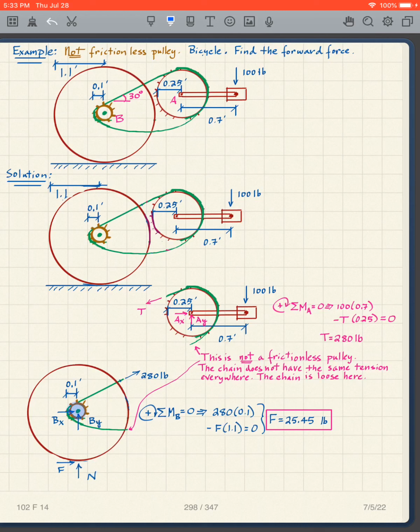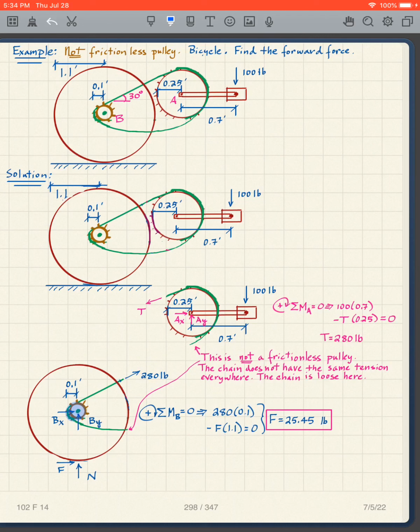If I take moments about B, what do I see? That N goes right through that point, so it doesn't contribute anything to the moment about B. So taking moments about B, all I have is the 280 times the 0.1 minus the F times 1.1, which is the radius of the wheel.